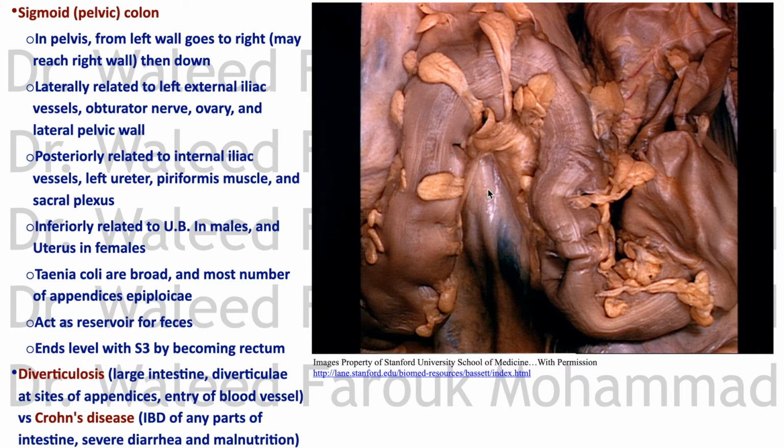It's precancerous, and if any patient has diverticulosis, it's recommended to excise the affected part of the large intestine with a safety margin. So this affects the large intestine, compared to, for example, Crohn's disease, which is an inflammatory bowel disease.